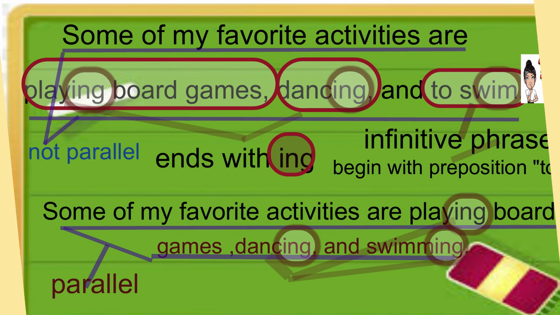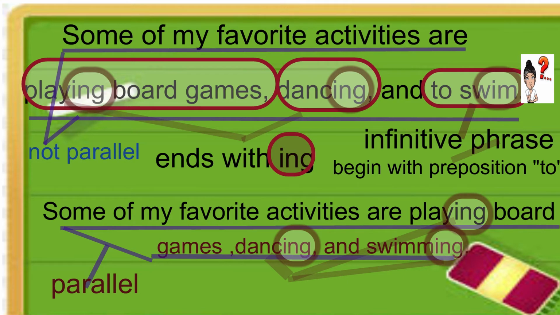Let's have another one. Some of my favorite activities are playing board games, dancing, and to swim. Is this parallel? Of course not. It's not a parallel statement. Why? If you look at the encircled words, playing board games, dancing ends in ing.